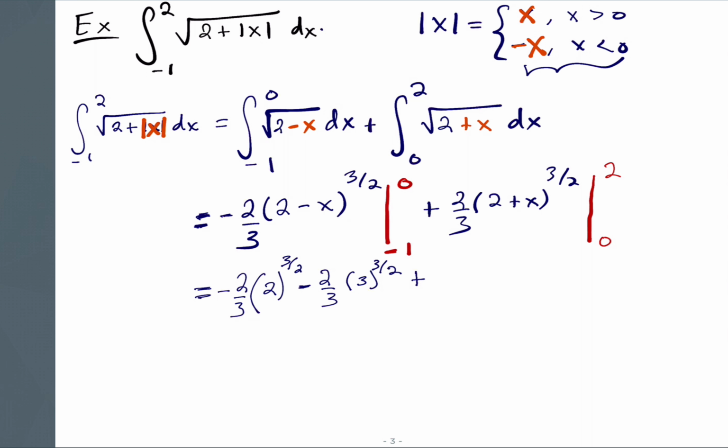Okay, plus 2/3, 4 to the 3/2, minus 2/3, 2 to the 3/2. Is that right? Nope. What did I always tell you? Be careful with your signs. There's a mistake in there.